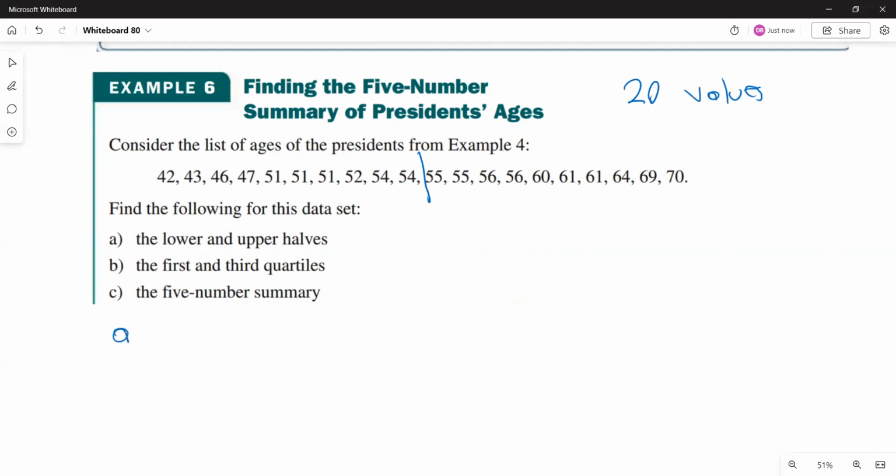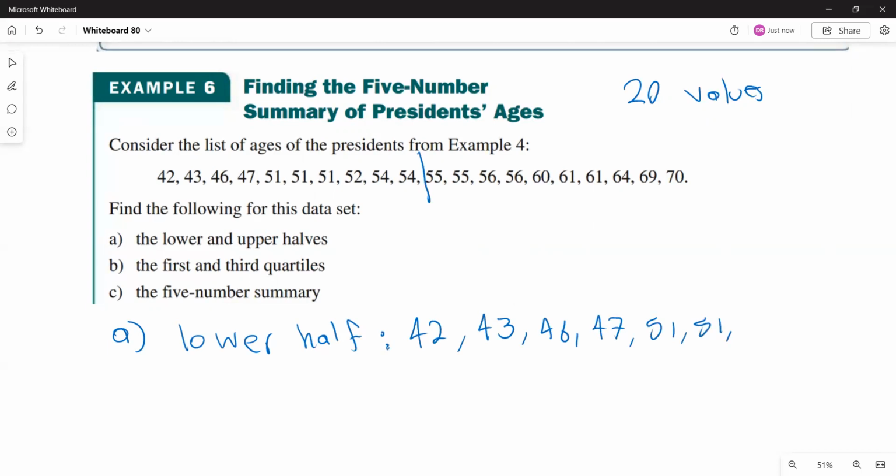So the lower half is the first 10 values. And the last three are 52, 54, and 54.